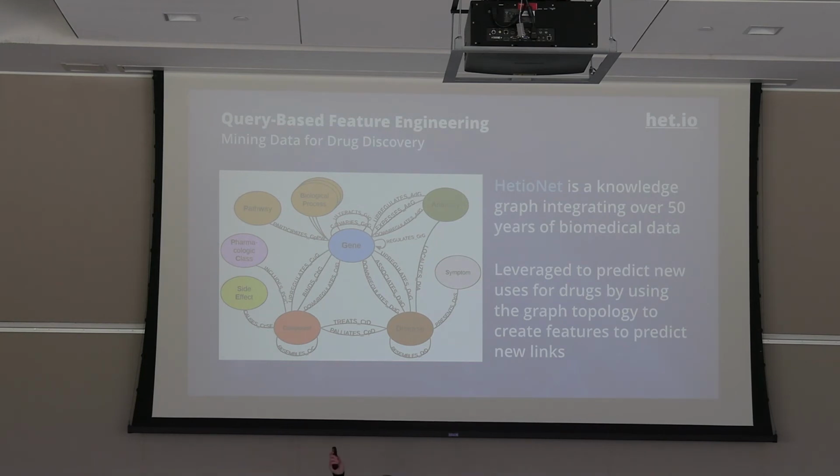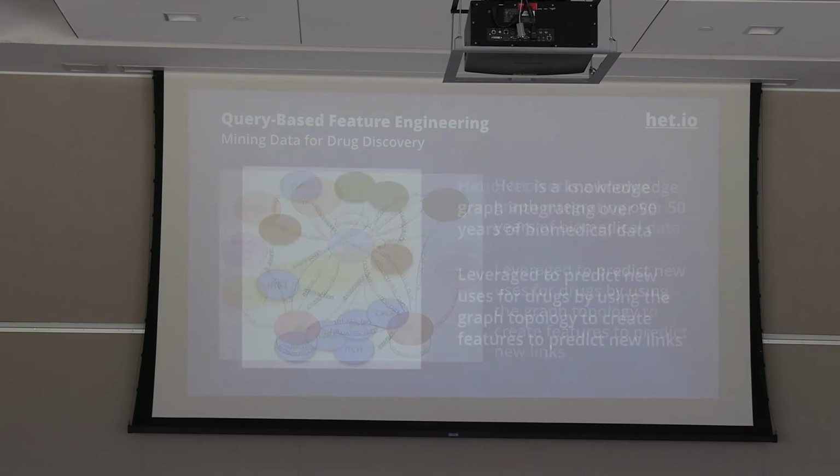So you can see our data model here is just genes, looking at different compounds and diseases and the anatomy and side effects, et cetera, and trying to find new links between certain genes and diseases, as in this case, in order to see if you can use drugs to fight those new things.